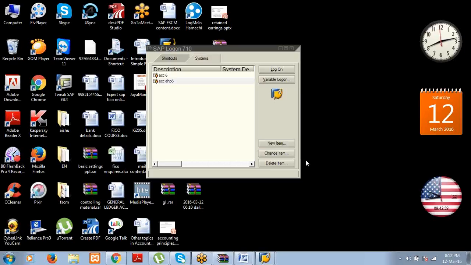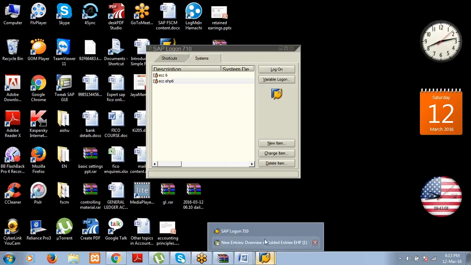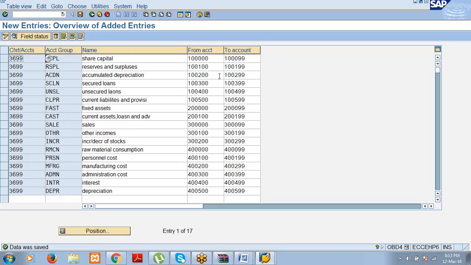See, not transactions, Shailaja, GL accounts, right? Into the GL accounts, you post the transactions. Here, the question asked by Shailaja is like this. For example, for the share capital account group, we have given, for the time being, 1 lakh to 1,99,000. 100 accounts you can create.